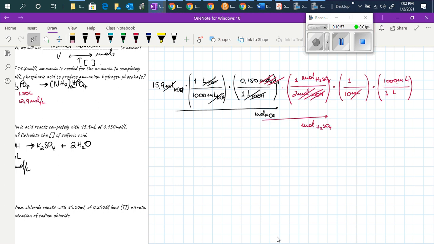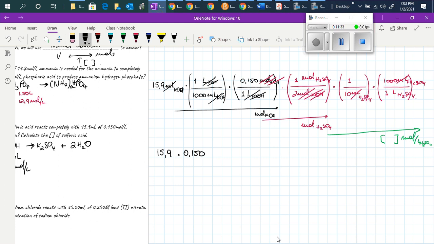So milliliters and milliliters cancel out. And then what we have up to here is the concentration, moles per liter of sulfuric acid, and they are all sulfuric acid.